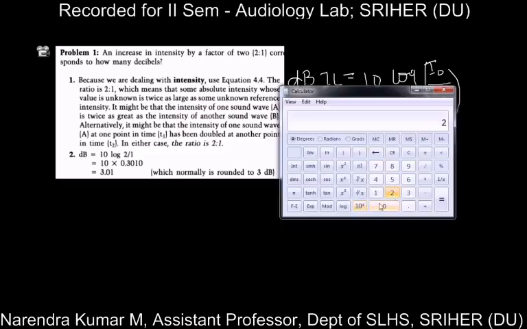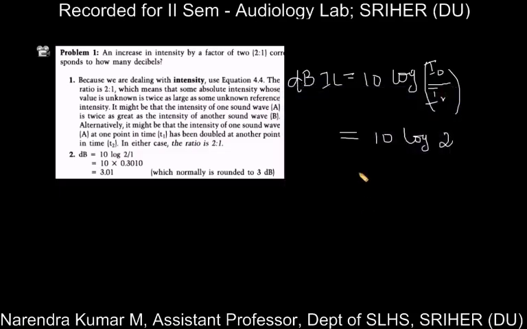Log 2 is 0.3010. Hence the formula will be simplified as 10 into 0.3010, which is 3.010, approximated to 3 dB.